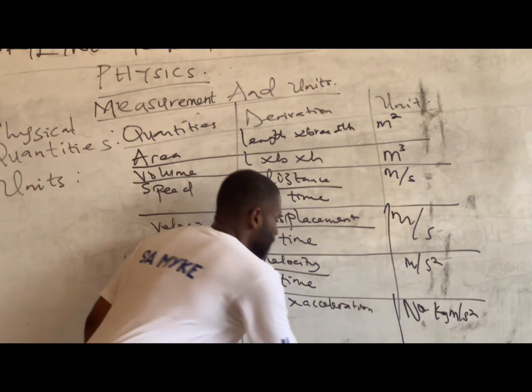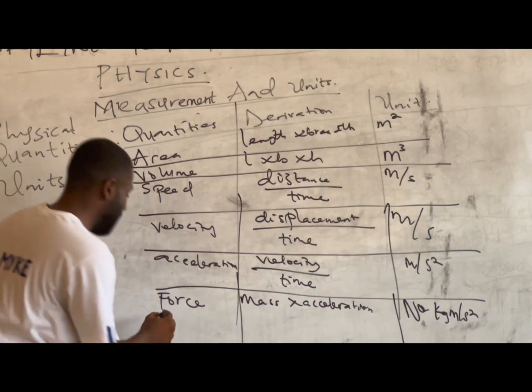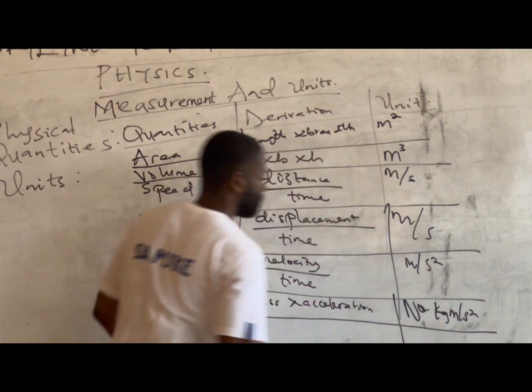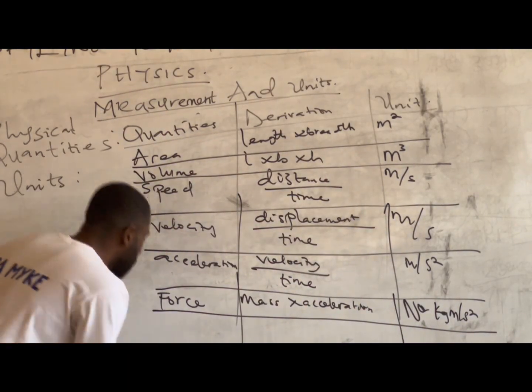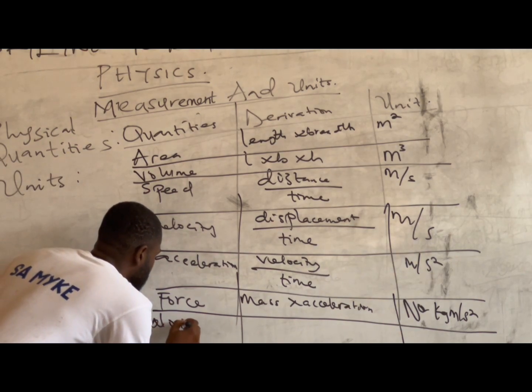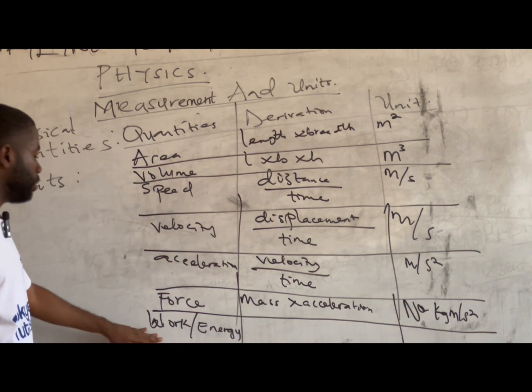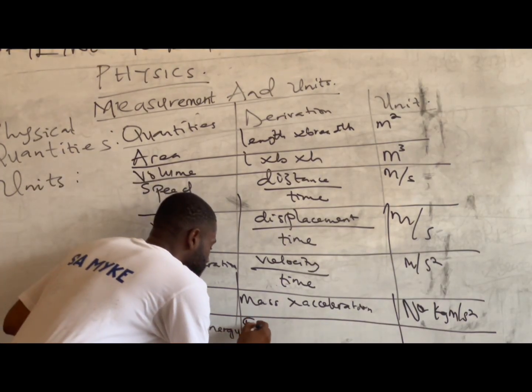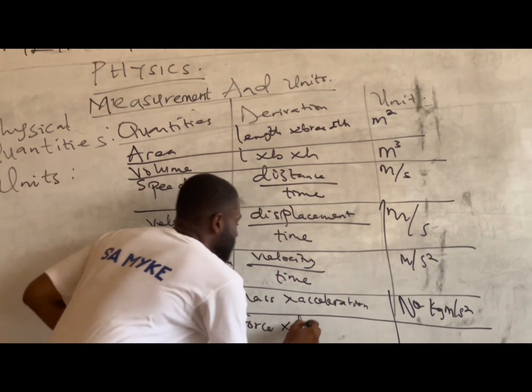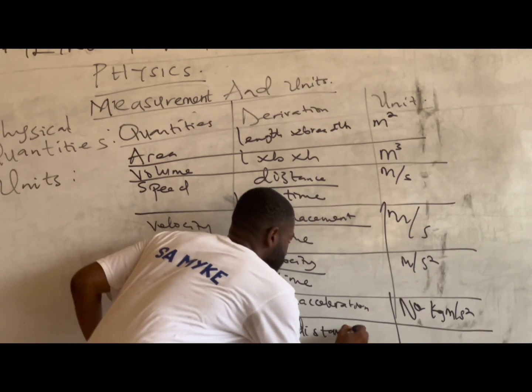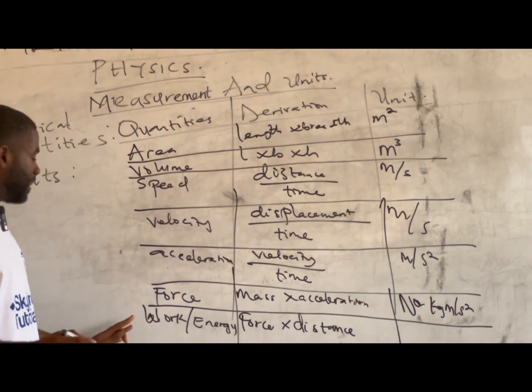So another derived quantity we have is work done or energy. To get the work done, you multiply force and distance. So the product of force and distance gives the work done.